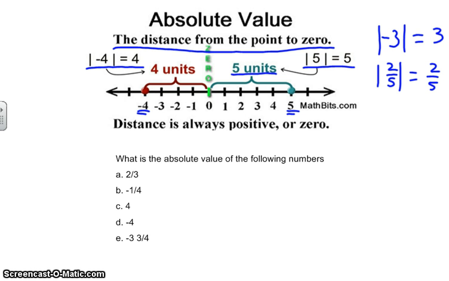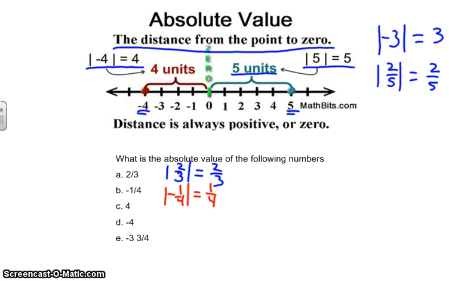Okay, let's take a look at these down at the bottom. What is the absolute value of the following numbers? If I want to know the absolute value of 2/3, that'll equal 2/3. If I want to see what the absolute value of -1/4 is, then that would be 1/4. So once again, it's just its distance from 0.